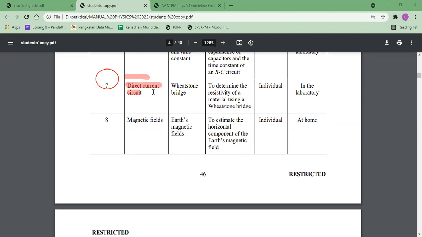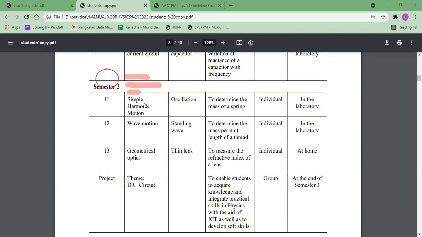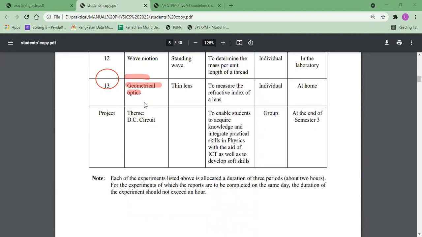This is the second experiment where we need to perform the error analysis. That means experiment 1, experiment 7, and also in semester 3, we focus on experiment 13, that's geometrical optics.